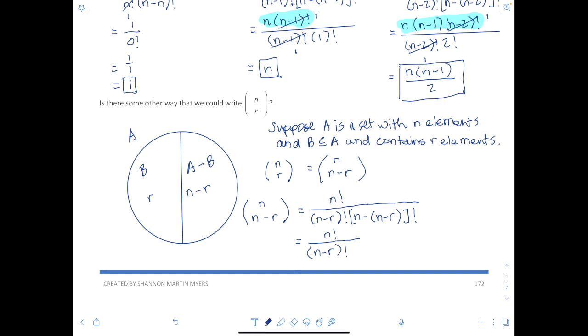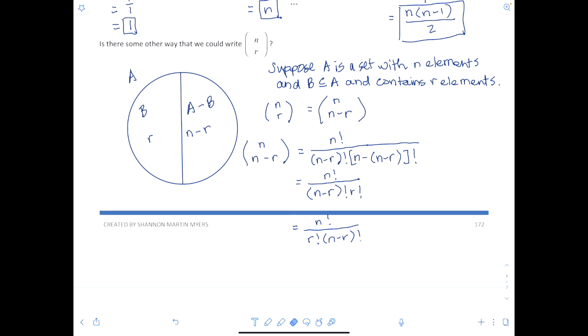N minus R gives us a positive R factorial. And if you just flip it around, isn't that N factorial over R factorial times N minus R factorial? Pretty groovy, huh? Which is equivalent to N choose R, right?